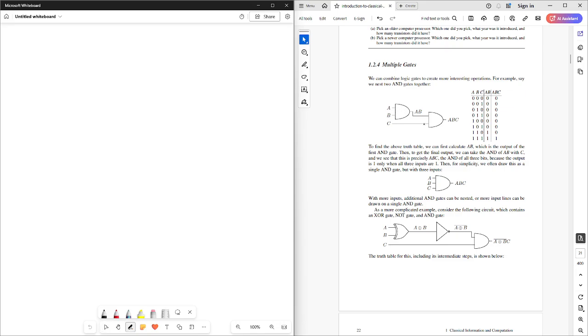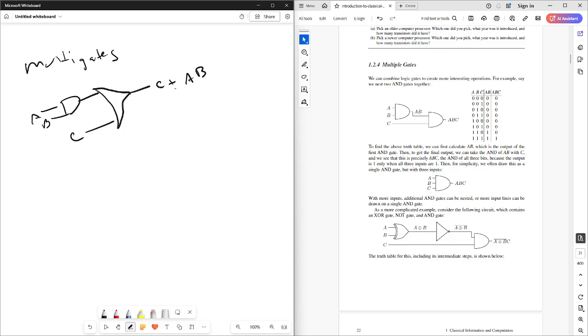Multiple gates, we can combine things together. Take 2 inputs into an AND, and feed that with another bit into an OR, to get various configurations.